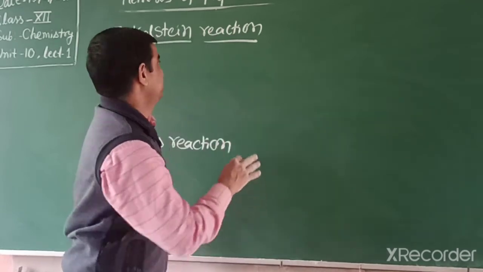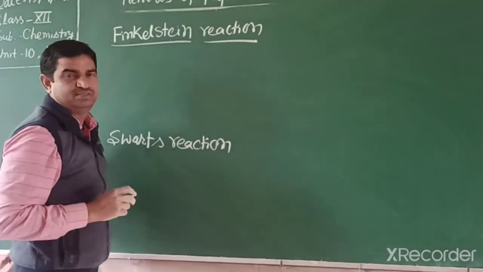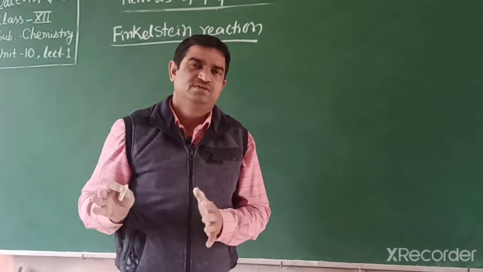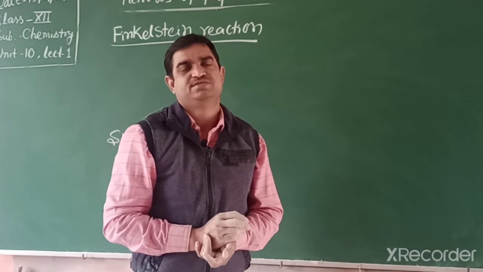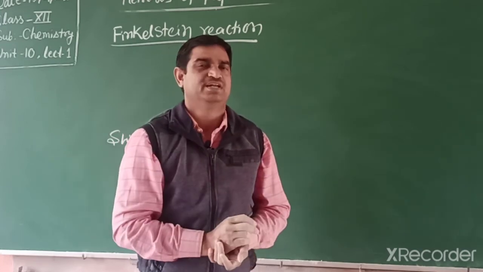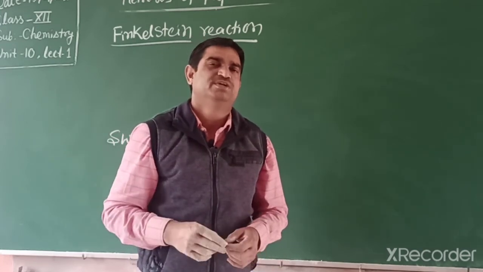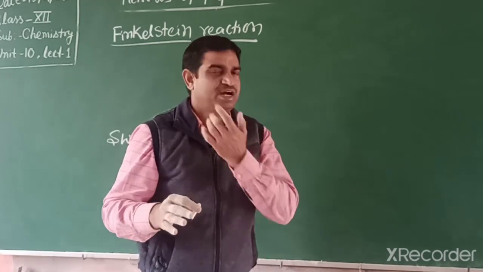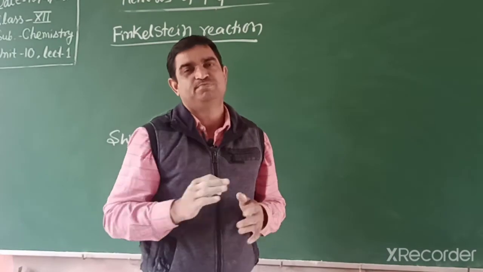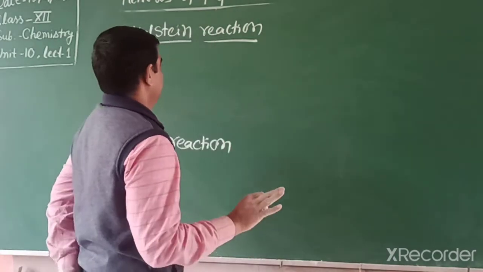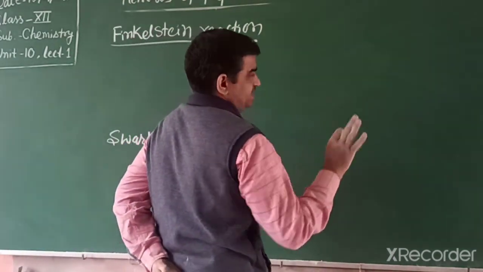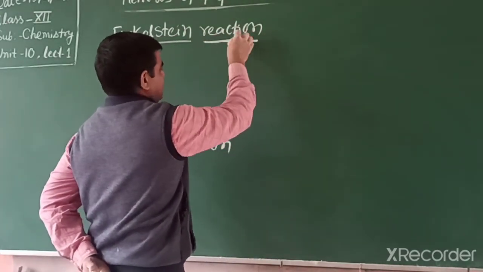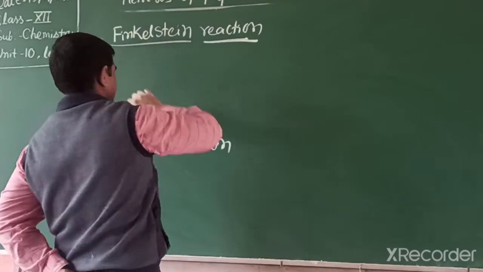One is the Finkelstein reaction, the other is the Swarts reaction. With these two reactions we make iodide and fluoride alkyl halides, because normally chloride and bromide we can prepare, but fluoride and iodide preparation is difficult.